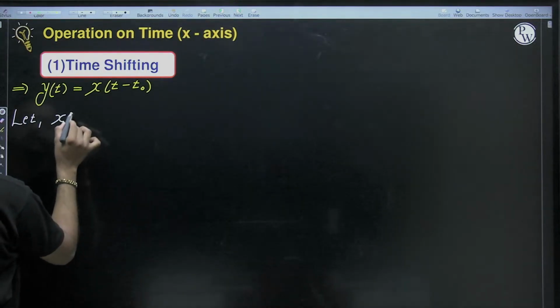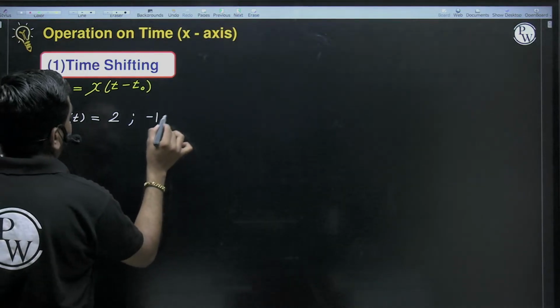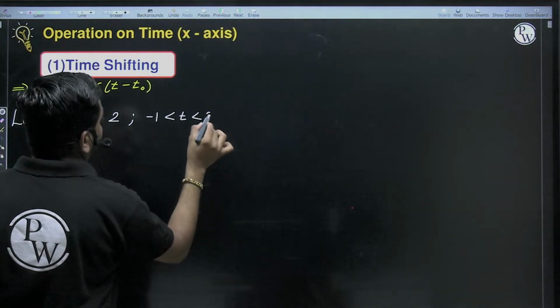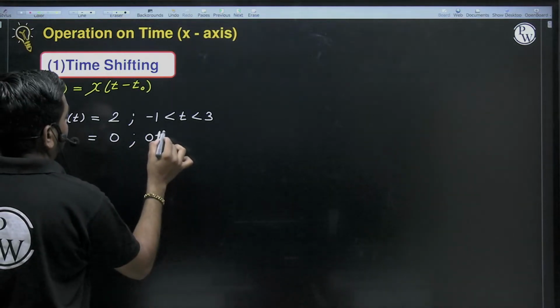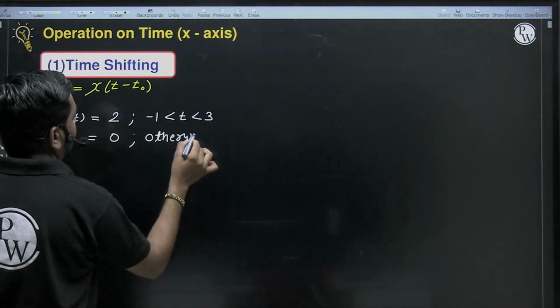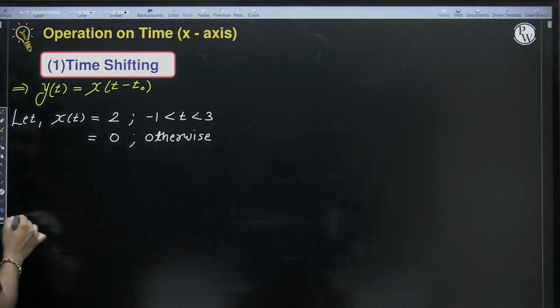Let us consider x of t is a signal. Suppose amplitude is 2 between minus 1 and 3, and it is 0 otherwise. Let us represent this graphically.